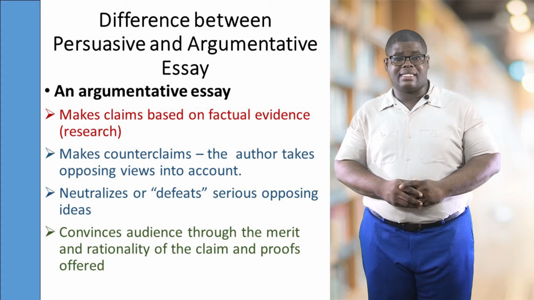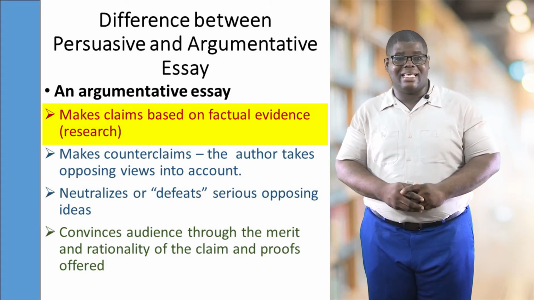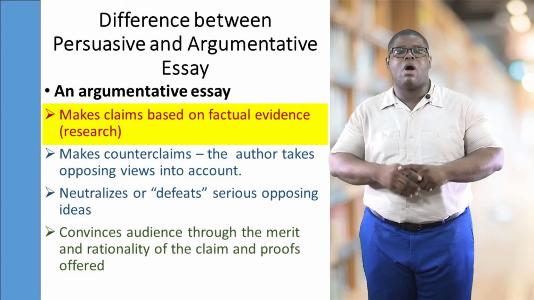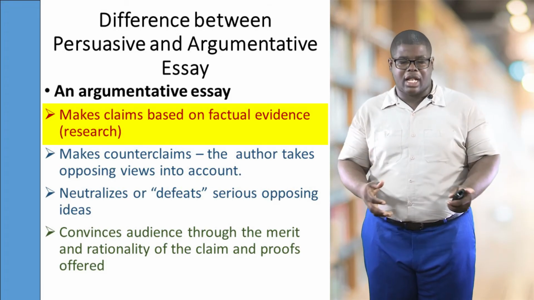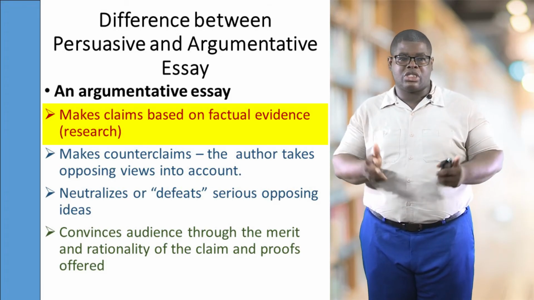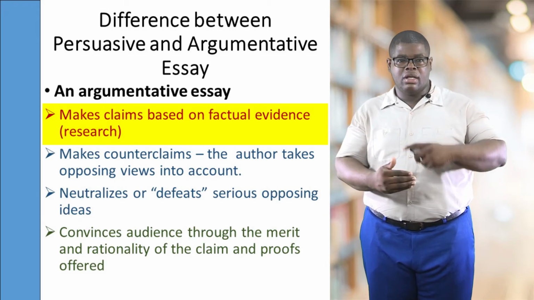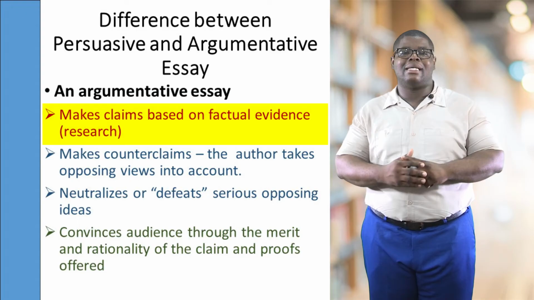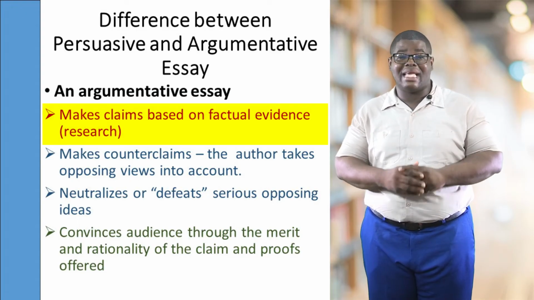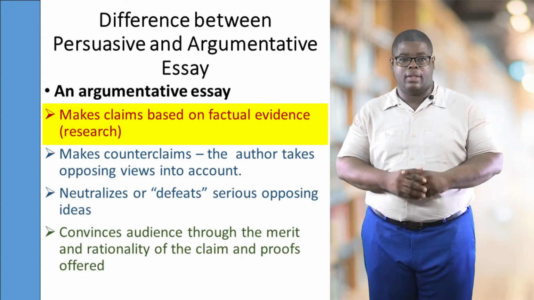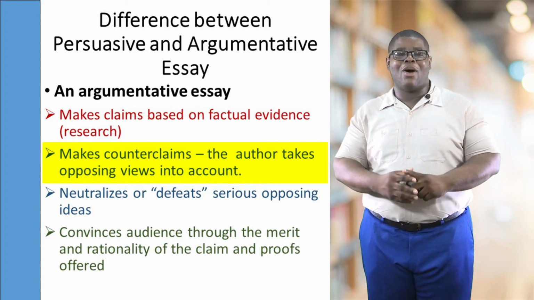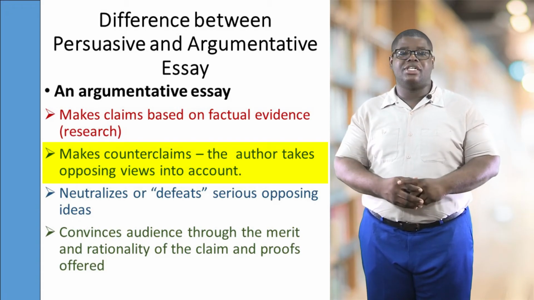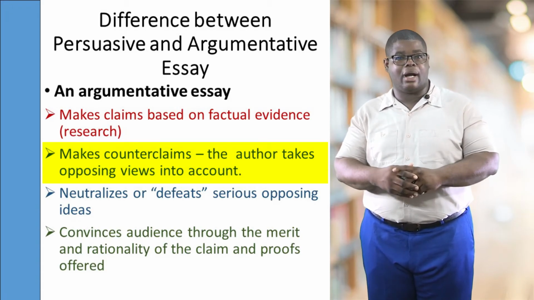Now, let's look at the argumentative side of this. An argumentative essay makes claims based on factual evidence, research. And I want you to note how this word research is being repeated throughout this lesson, because when it comes to writing argument, research plays a great role. It makes counterclaims. The author takes opposing views into account.